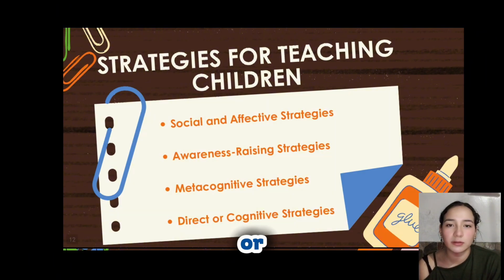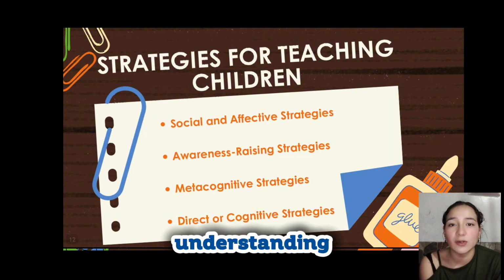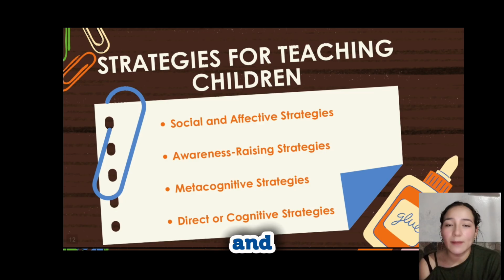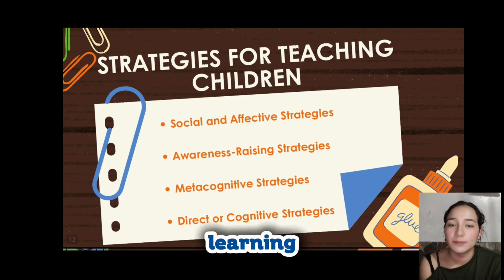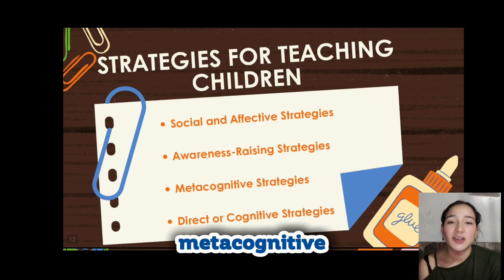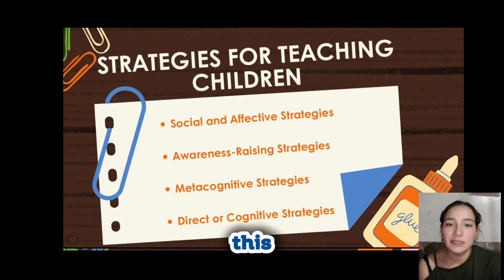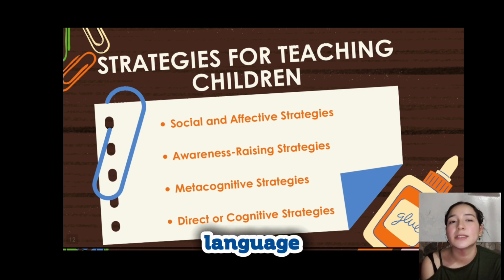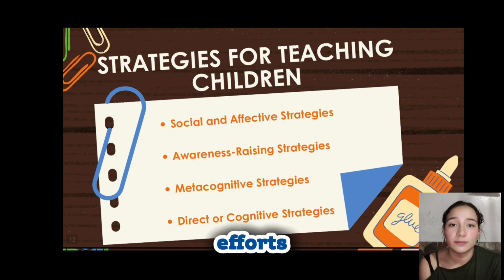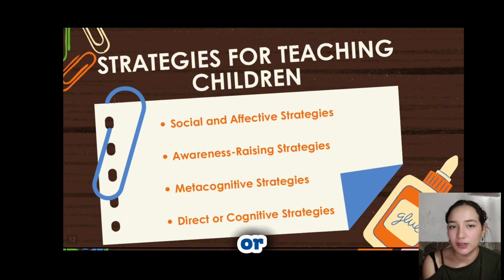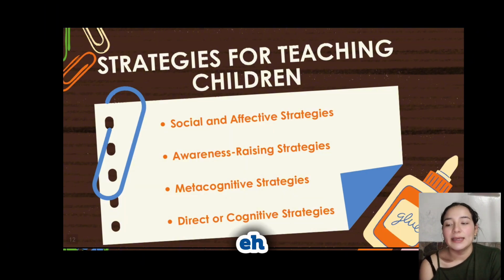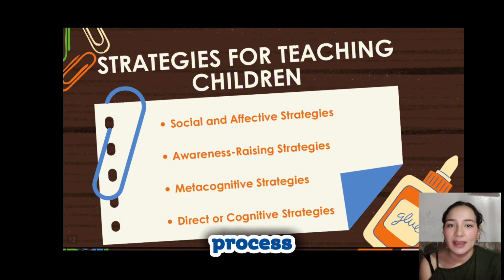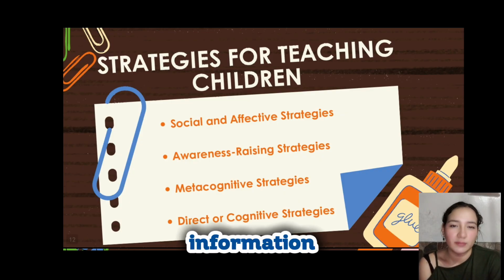These focus on improving students' understanding of the nature and process of language learning. Metacognitive strategies. These improve students' ability to think critically about their learning by planning and evaluating their language learning effort. Direct or cognitive strategies. These help students process and manage linguistic information.